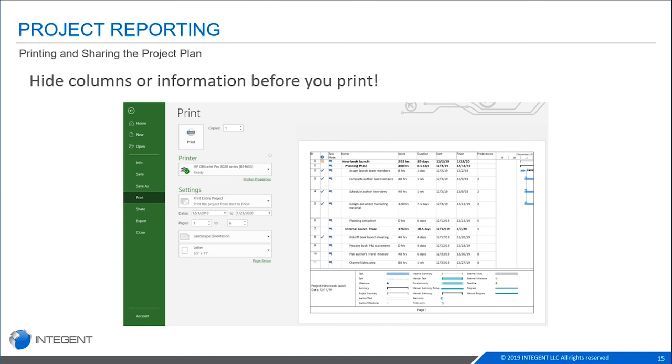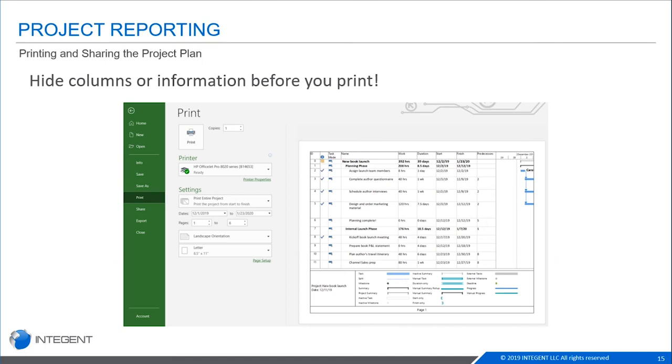So when you are looking to print your project plan, it is very important to remember that Microsoft Project will print whatever it is that you have displayed. I have one time accidentally printed 12 pages of my schedule because I did not remember to adjust my view of what I see in my Gantt chart to align with what I actually want to print.